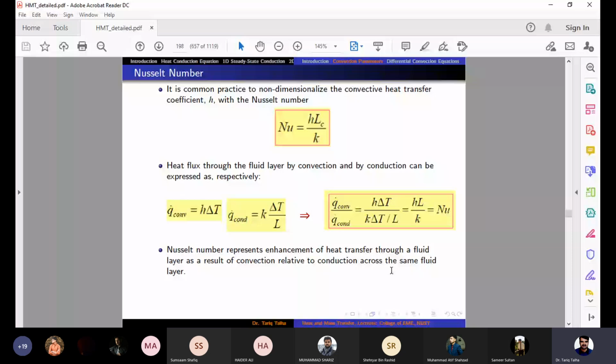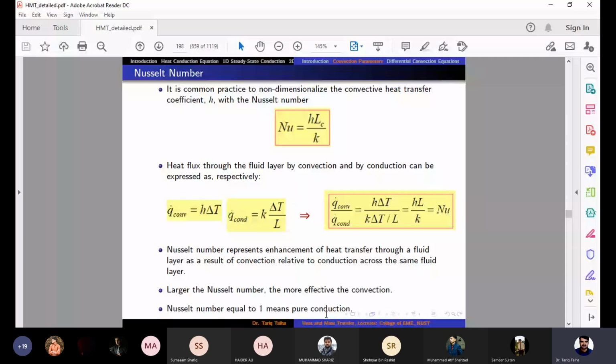So the larger the Nusselt number, the more effective the convection. It means more bulk motion is happening, which takes the hot molecules away from that region to the area where there are cold molecules. So in that case, the heat transfer would be more vigorous.